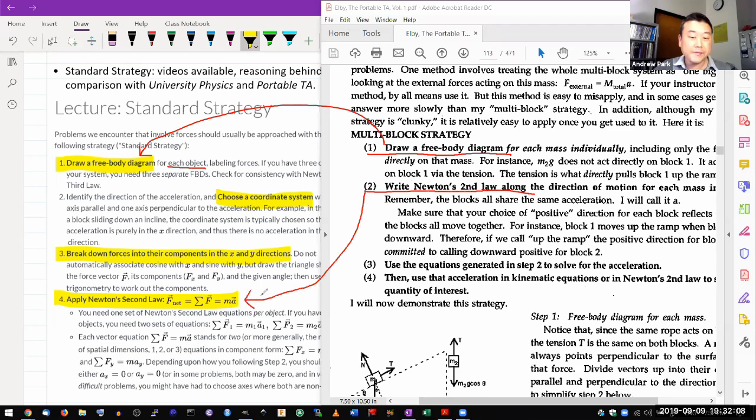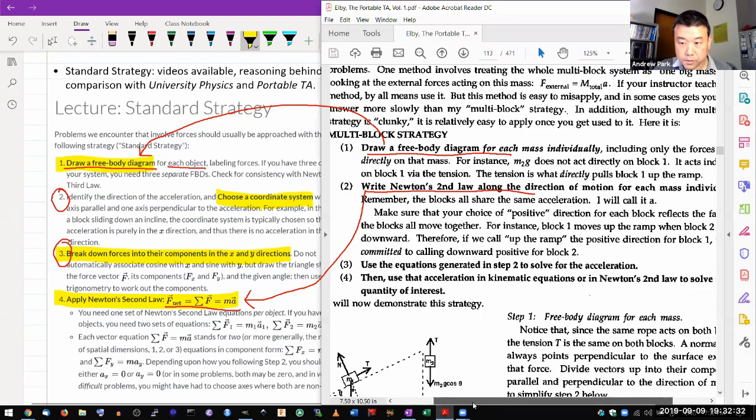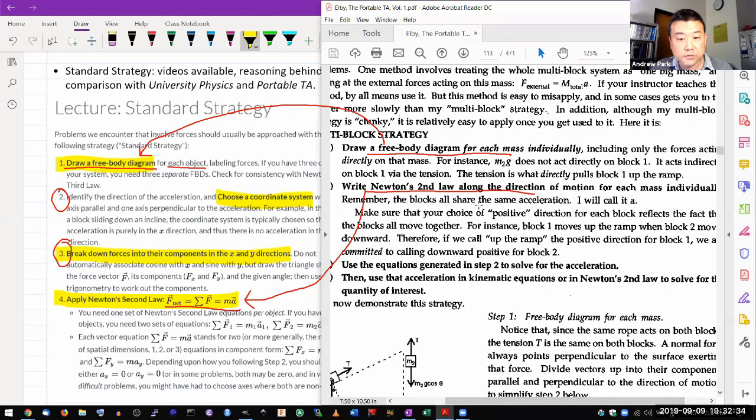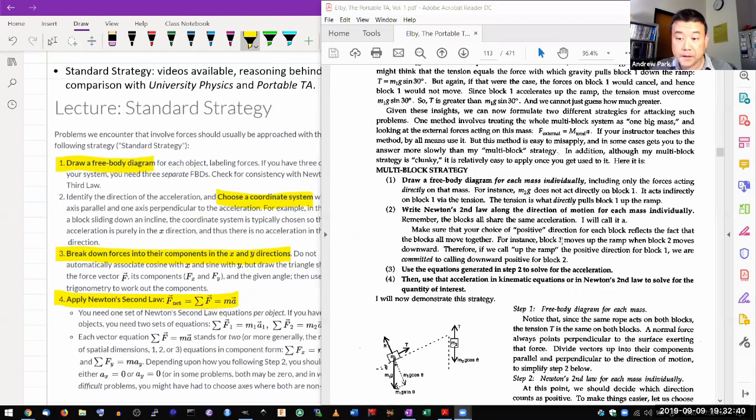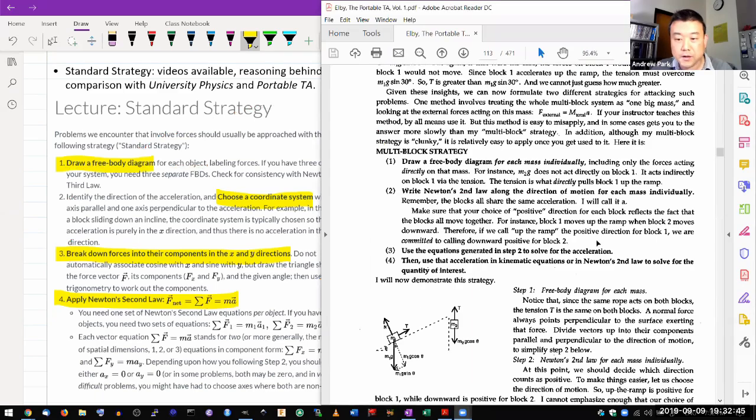Our purpose for providing steps number 2 and 3 is to give you the guidance to go from a free body diagram to writing the Newton's second law equation. As you read through what Andrew Elby wrote in the portable TA, you can see how they do match up. So I feel like ours is a slightly polished version of the strategy that he describes.